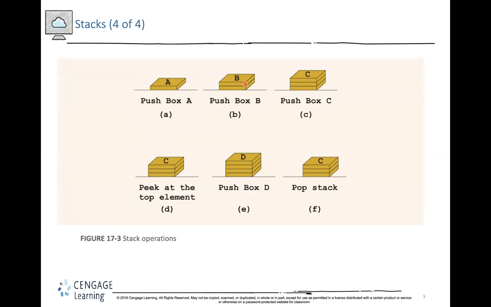Then we'll push box B on top of it and push C. We can retrieve the top element, that's by peeking at it, but we're not removing or adding. And then we may push another element, D. And then we may pop that element off, and now we're back to C.